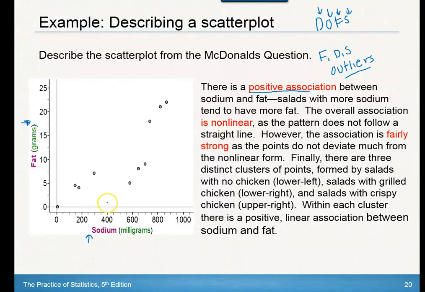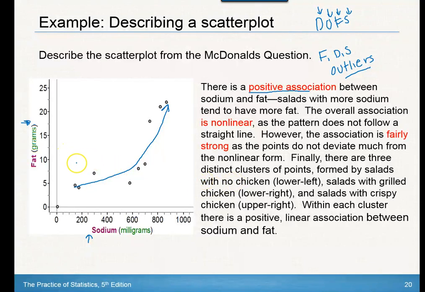The overall association is nonlinear, so I can't draw a nice straight line here. Maybe it's a curve. However, the association is fairly strong as the points do not deviate from the nonlinear form. It's like saying, maybe if I draw a curve like this, they're going to sort of closely follow that curve. Finally, there are 3 distinct clusters of points.